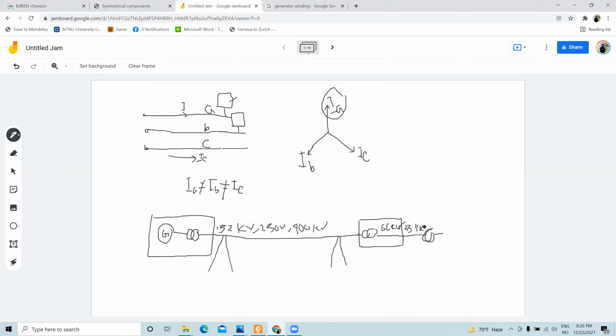Okay, so in the distribution line, when it comes to your home, it becomes 400 volt line to line.